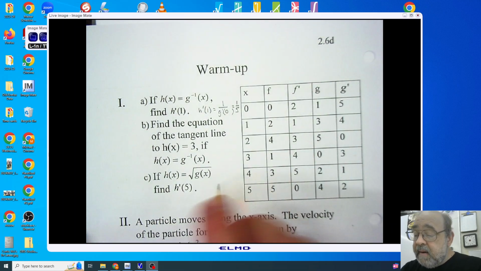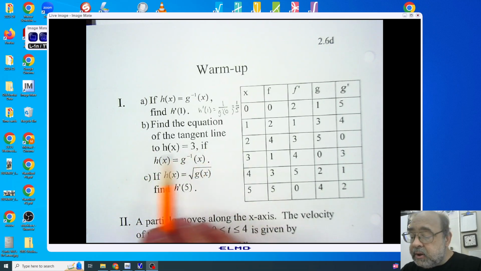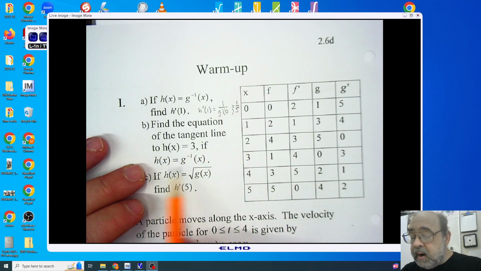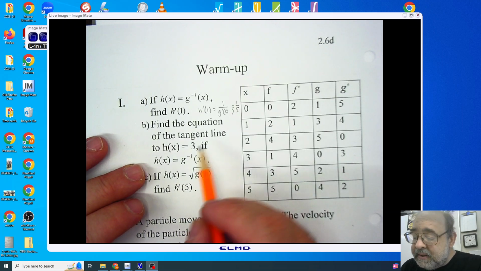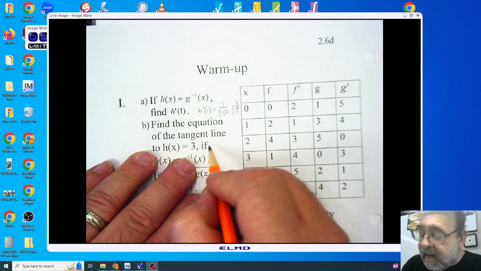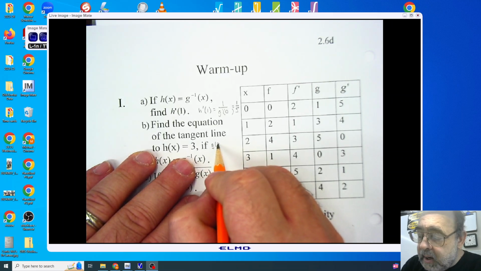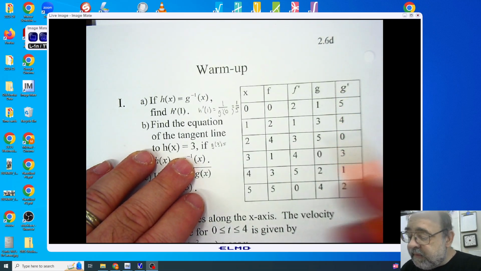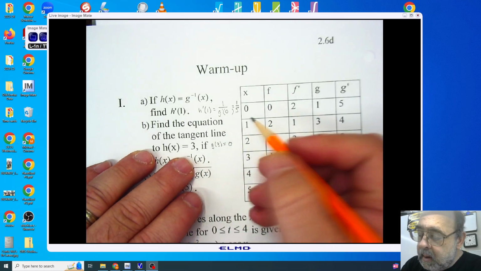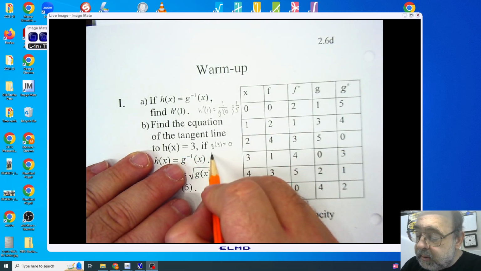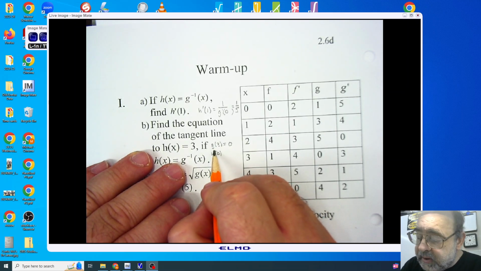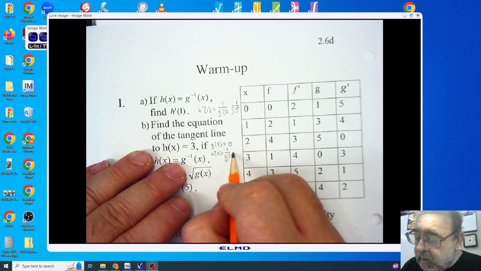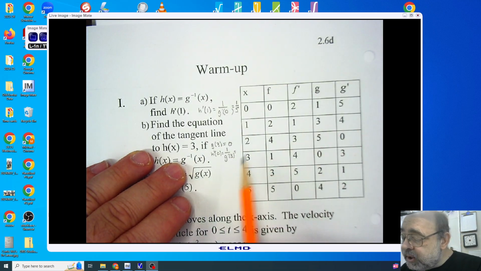They then say, find the equation of the tangent line to h of x at x equals 3. And we have to use our inverse. That means this is the y value, this is the x value of g. g of 3 equals what? I'm going to find g of 3, and I find that I have a 0. Then h prime of 3 has to be 1 over g prime of 0... so g prime of 3 is 3.